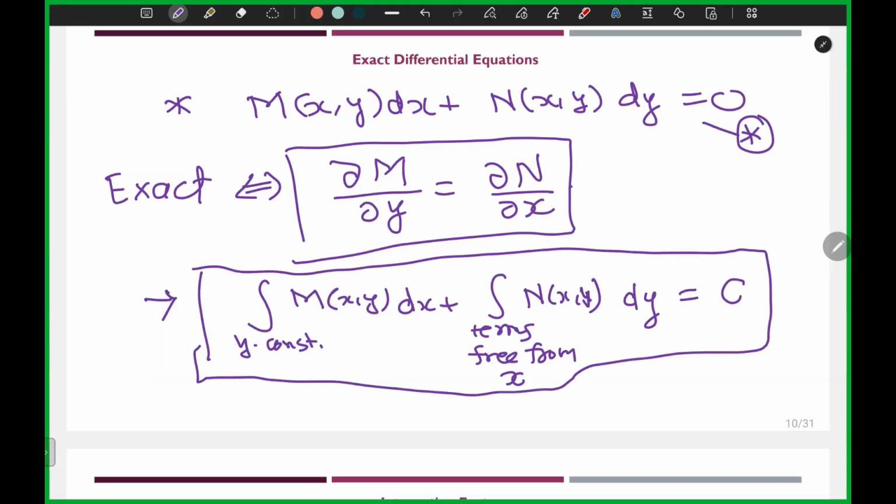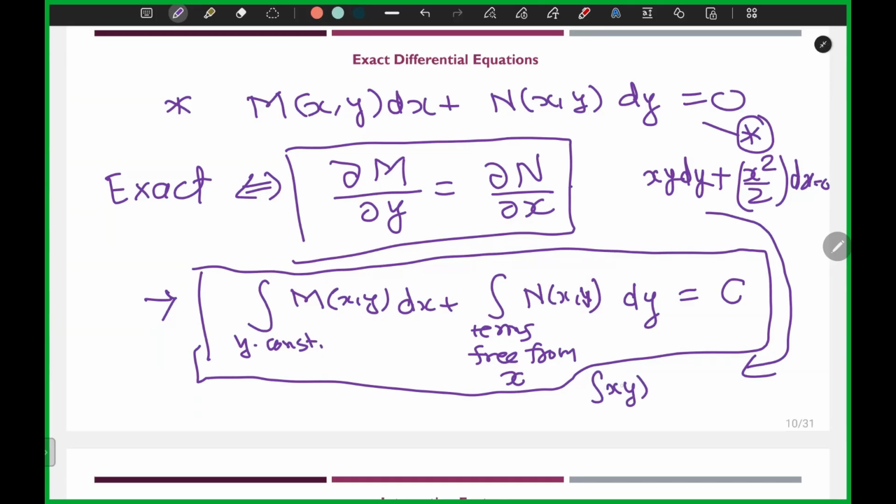So the example we have taken is xy dy plus x square by 2 dx equals 0, right? So what will be the solution for this? Integrate xy dy and terms free from x.